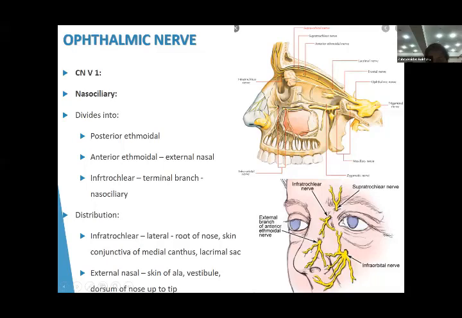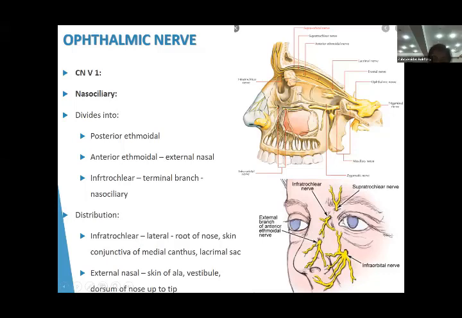Skin of the ala and vestibule. You know ala, or you don't know ala. Ala is the dilated part of the nose. The vestibule is the inside of the nose. Okay. Then the tip of the nose, up to here, all this part is supplied by the external nasal.